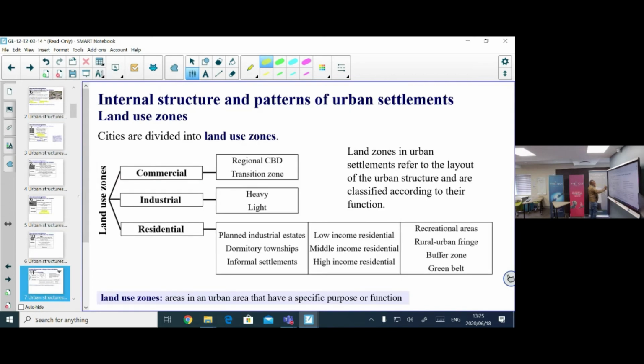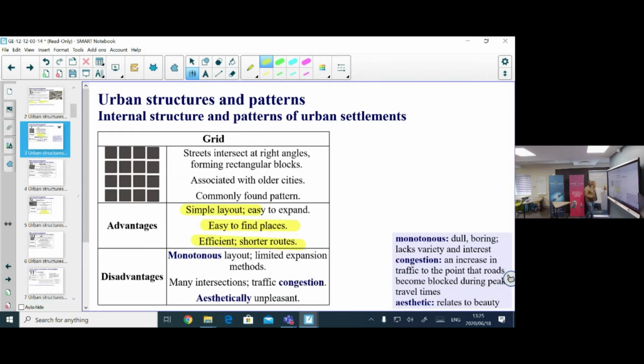As you can see, radial is different from that. This falls under grid. We've got streets intersecting at right angles, forming rectangular blocks, associated with older cities, a commonly found pattern, and a simple layout, which means there is order and you can't get lost so easily.